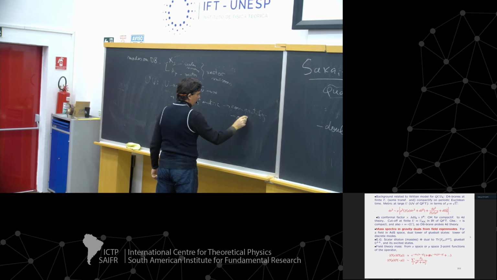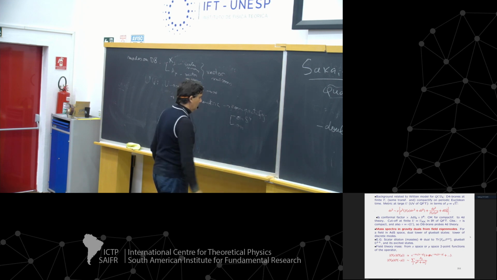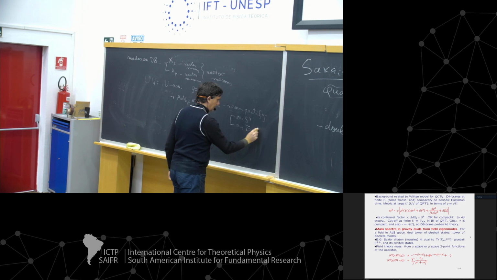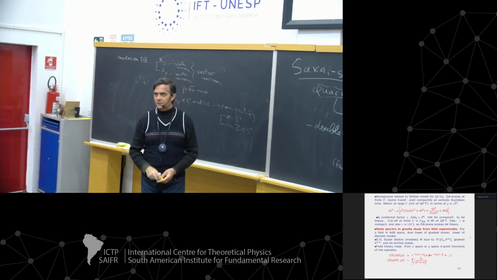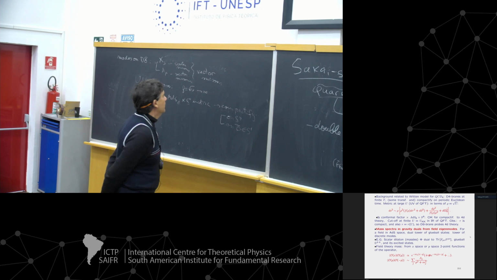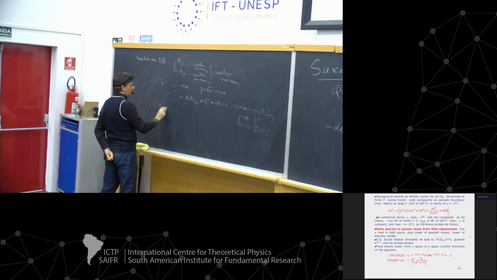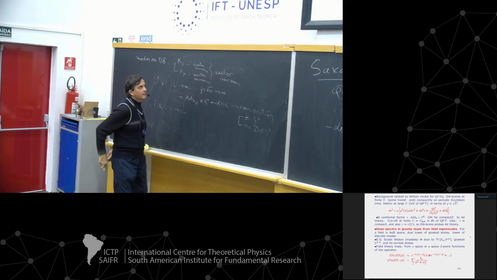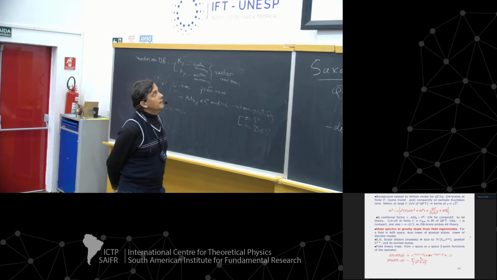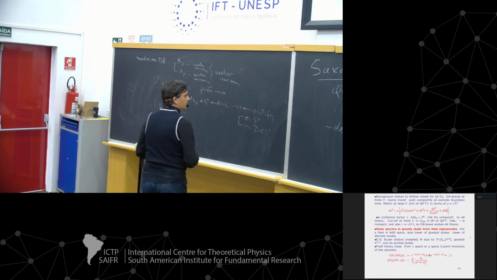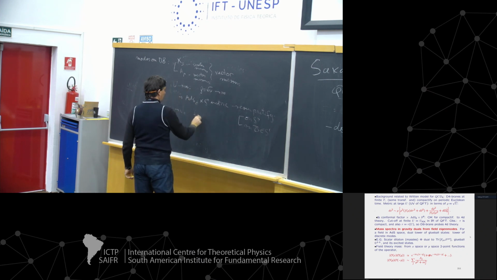So first of all on S4, as usual, but also on this extra coordinate tau that I say belongs to some circle. Then in the IR, so at u goes to u0, we have a finite u, a finite warp factor.